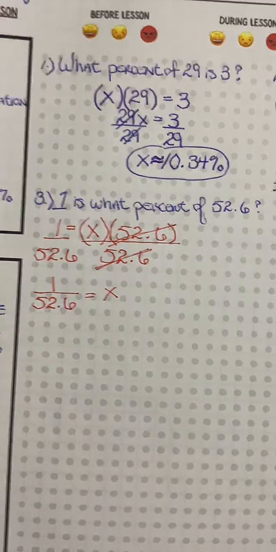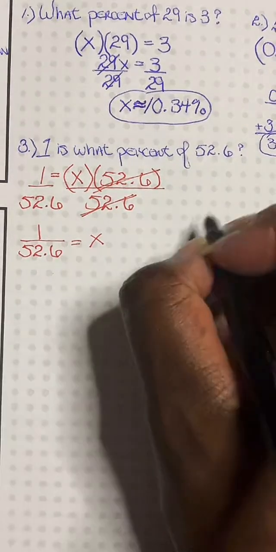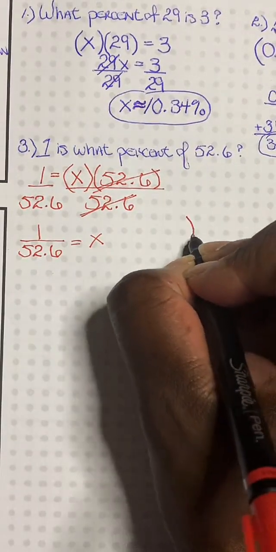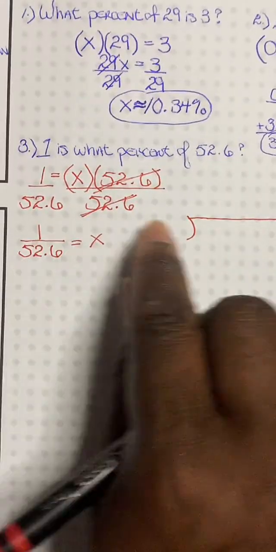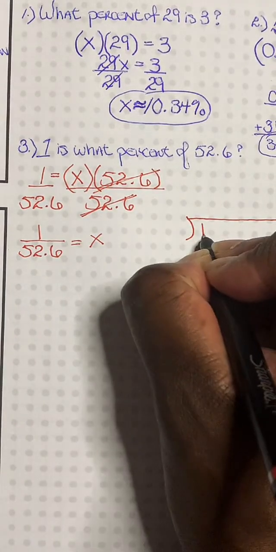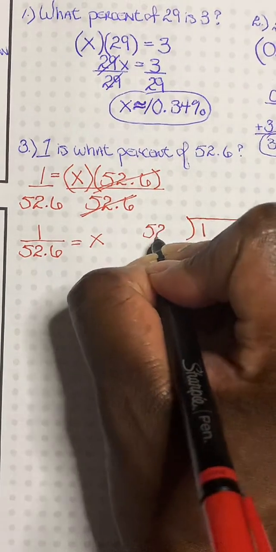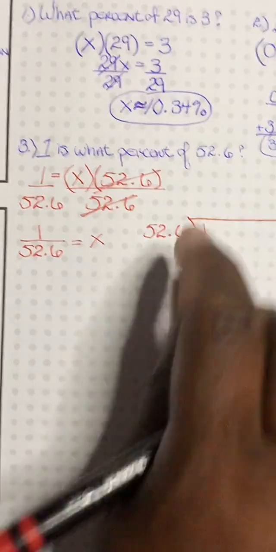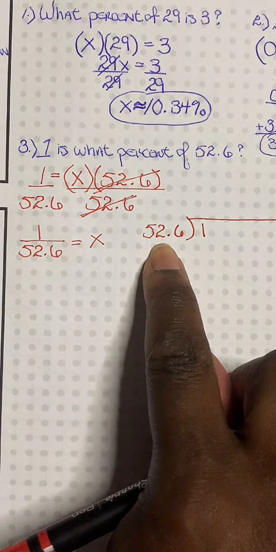So if you were to do it through long division, I'm going to take it off to the side over here. I'm not recommending it right now. That means your 1 is going to go underneath the division. Then you have your 52.6 as your divisor. So this is your dividend, this is your divisor.